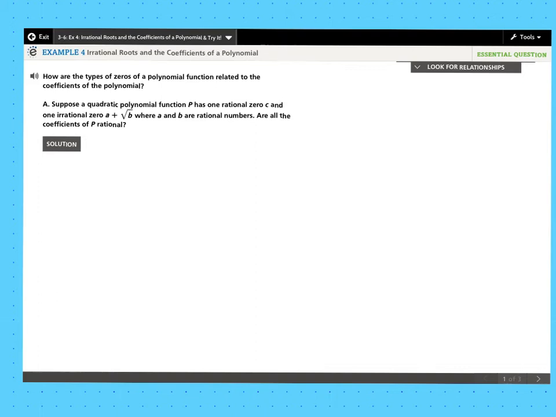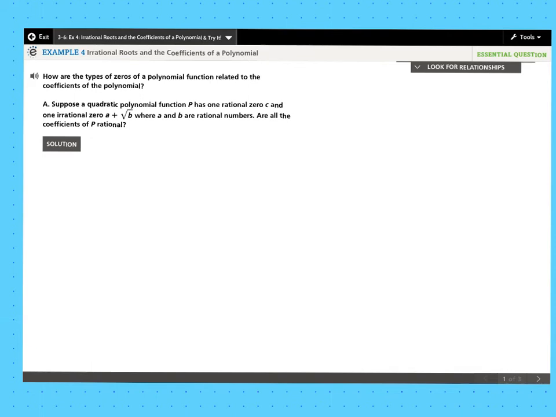So in this page, we're going to analyze how the types of zeros of a polynomial function are related to the coefficients of the polynomial. And here's the first problem. Suppose a quadratic polynomial function p has one rational zero c and one irrational zero a plus square root of b, where a and b are rational numbers.